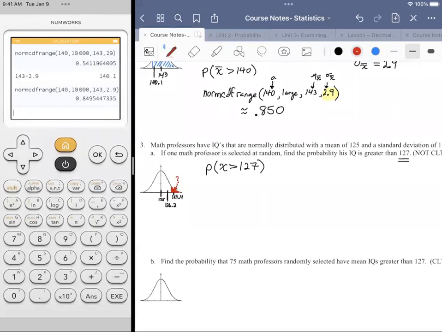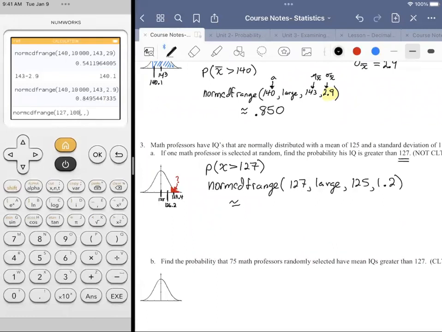But again, it's norm CDF. Sorry, norm CDF range, 127 to something large, with a mean of 125 and a standard deviation of 1.2. So norm CDF range, 127.